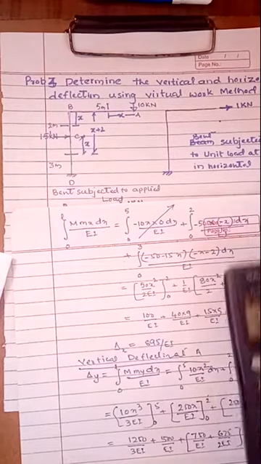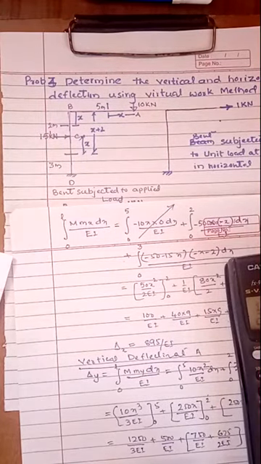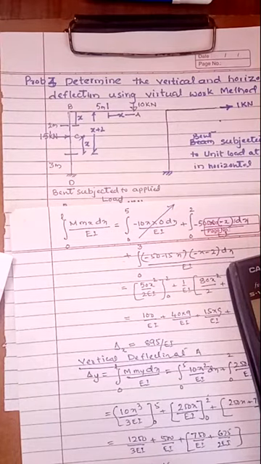This total deflection is 2004.16 divided by EI. This is the solution for this problem.